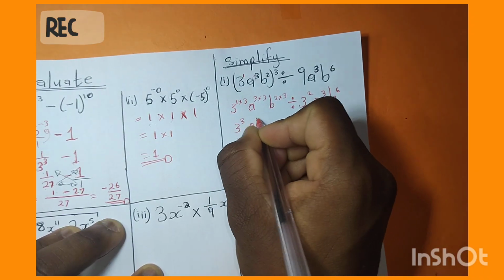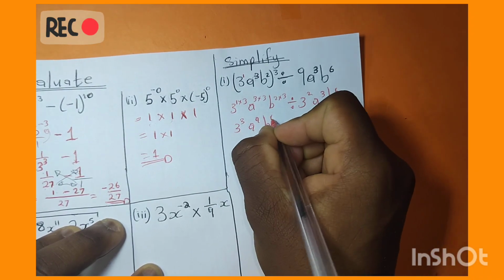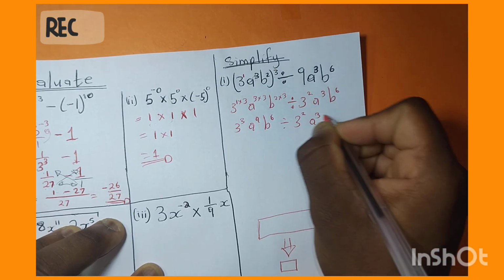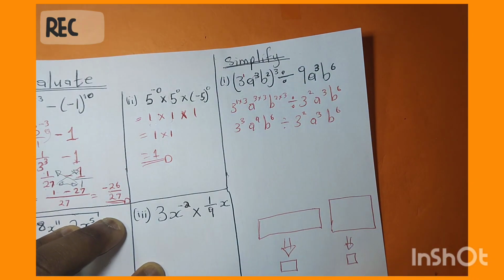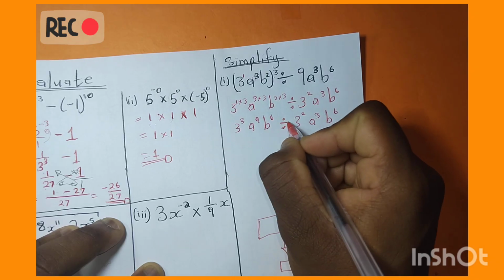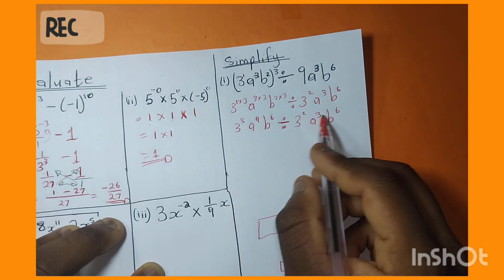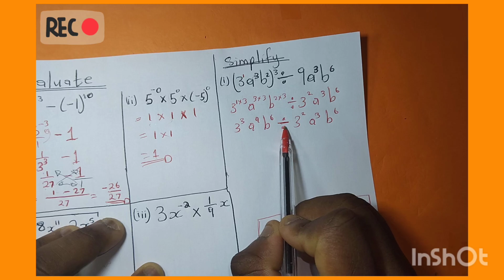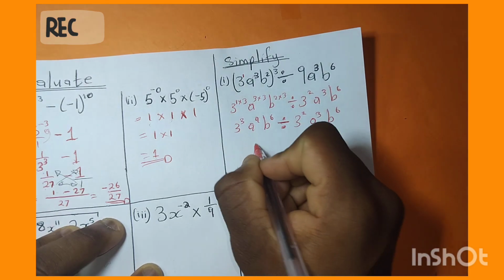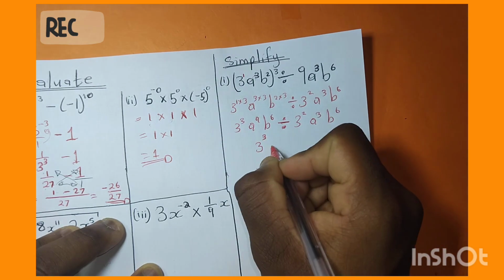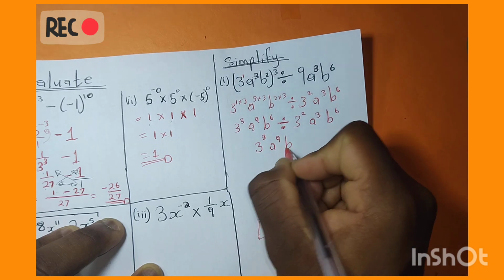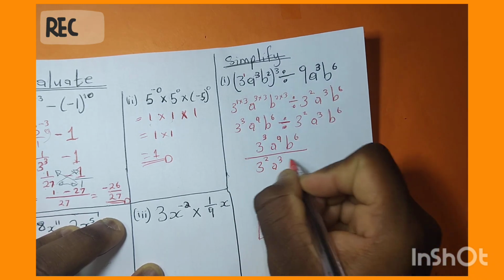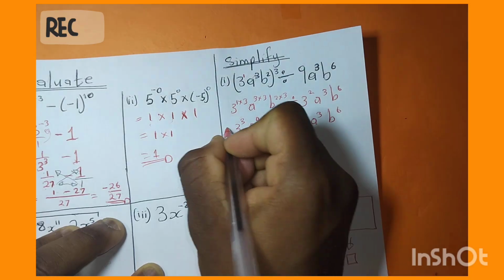It's 9 a^3 b^6, divided by 3 a^3 b^6. And guys, division, you can write it as a fraction in this form: 9a^3b^6 over 3a^3b^6.